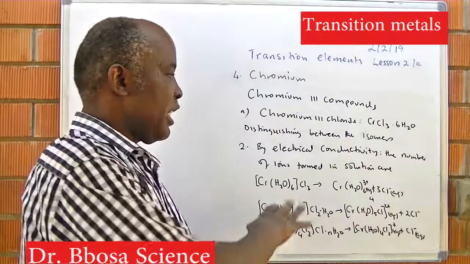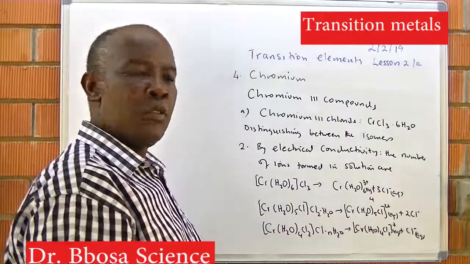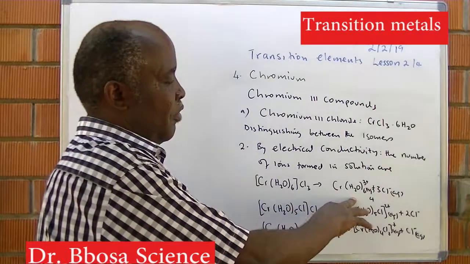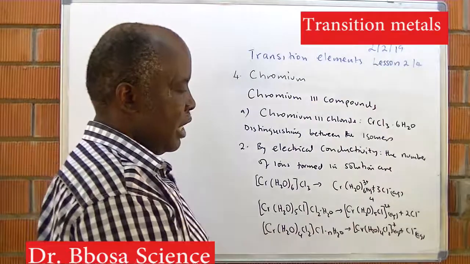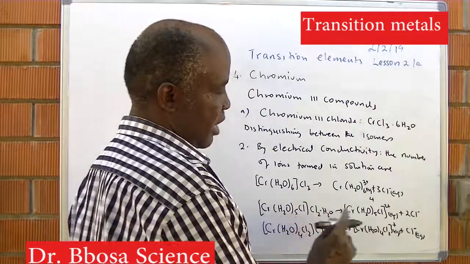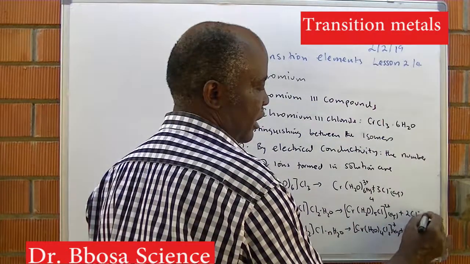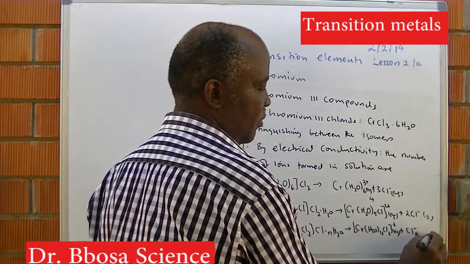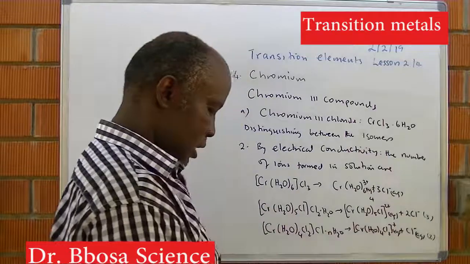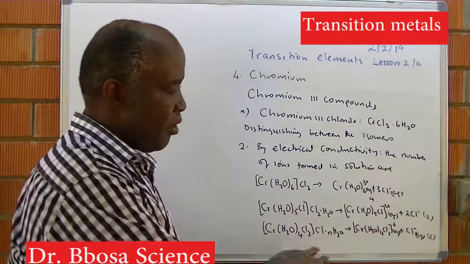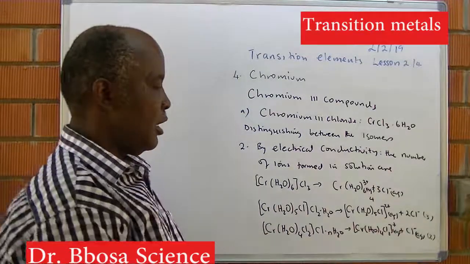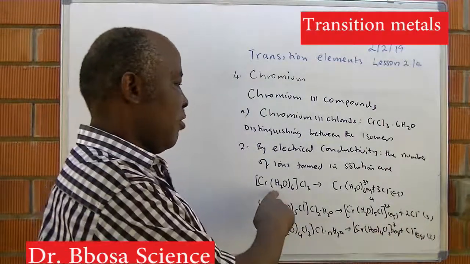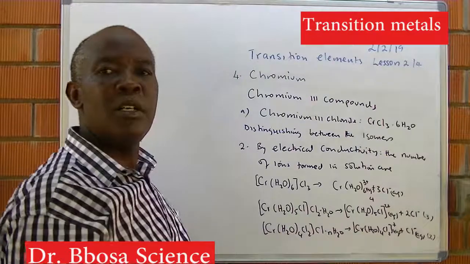2, when we use the electrical method, we shall find that this compound here has got 4 conducting ions. This one has got 3 conducting ions, while this one has got 2 conducting ions. So this one will ionize to produce 2 ions. This one will ionize to produce 3 ions, while the first one will ionize to produce 4 ions.